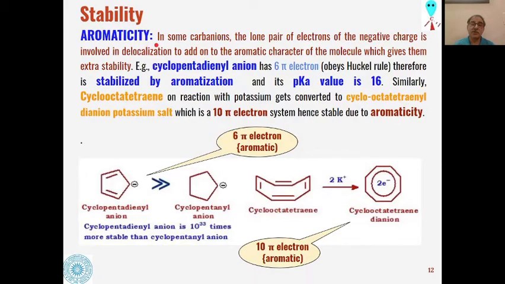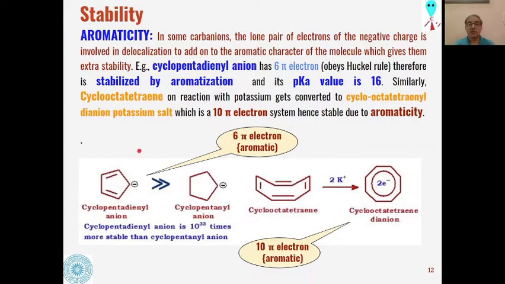So in some carbanions, the lone pair of electrons of the negative charge is involved in delocalization to add to the aromatic character of the molecule. And we know that aromatic character gives extra stability to any species which is formed.